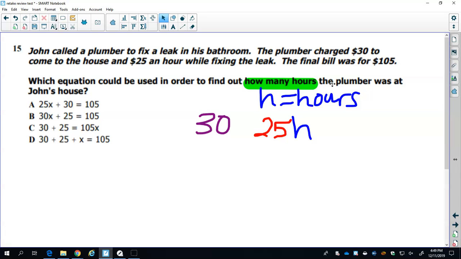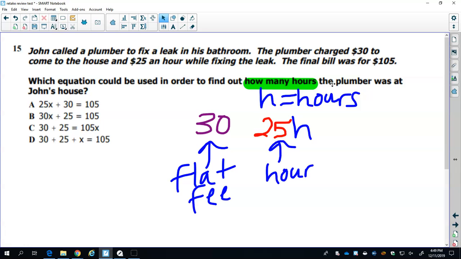Now, the total bill, we're going to take the amount here. We called it in class a flat fee, how much he charges just one time. This is his hourly charges. So we're going to put them together, and then that will give us our total, which it tells us right here.